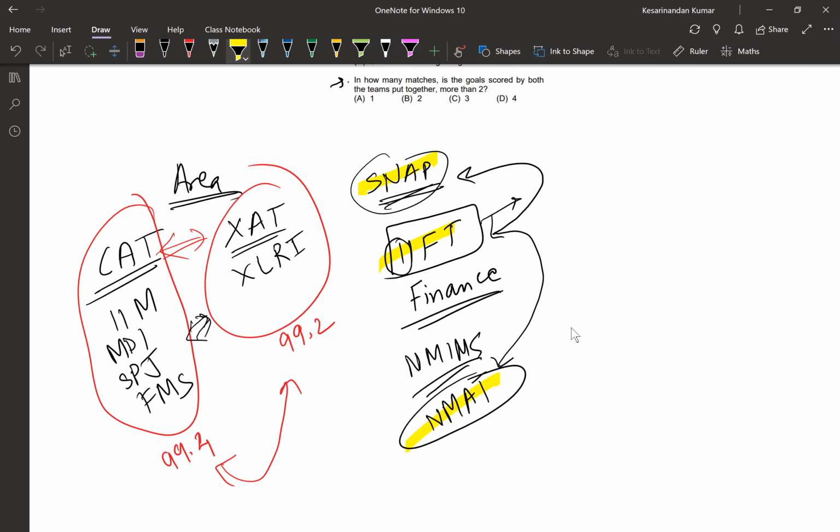The exam that requires the least speed is XAT. You can be as slow as you want and still attempt and still get 99+ percentile. CAT is in between. SNAP, IIFT, and NMAT test more on speed. There you will have to solve like one question in 1 minute or so to be on the top. To qualify, that's even lower, but to be on the top, you'll need that.